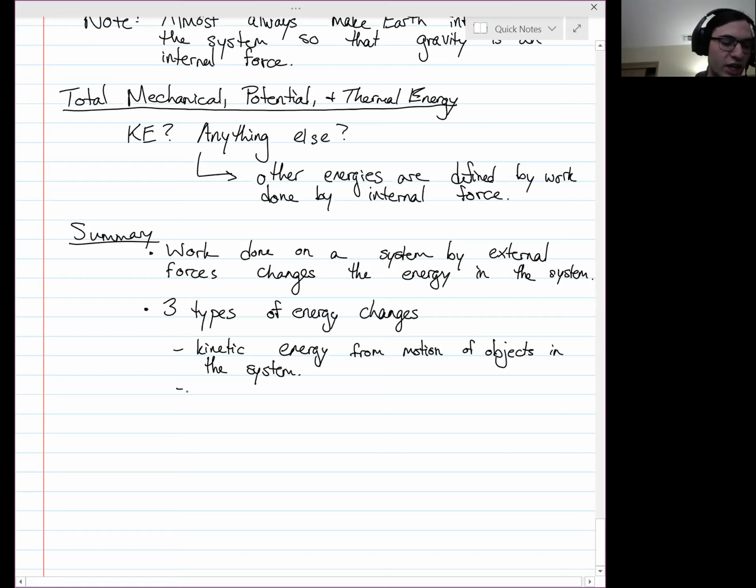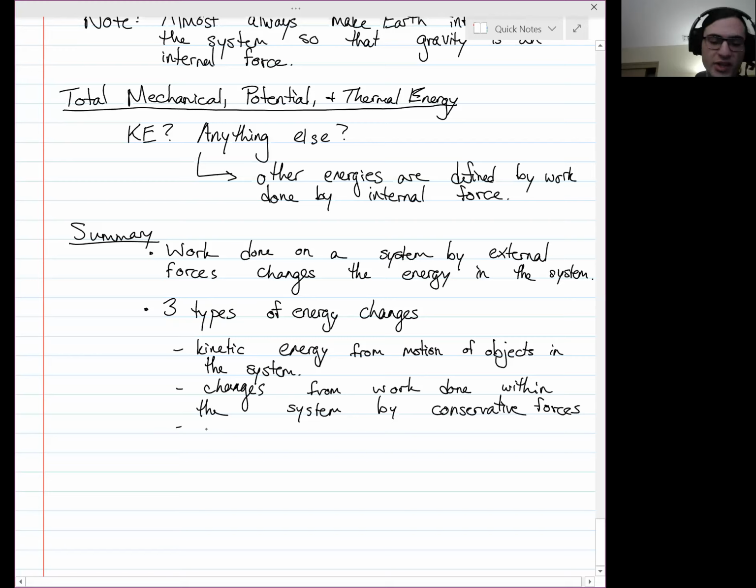Also, we could have changes from work done within the system by conservative forces.